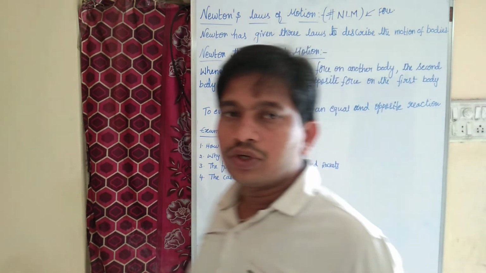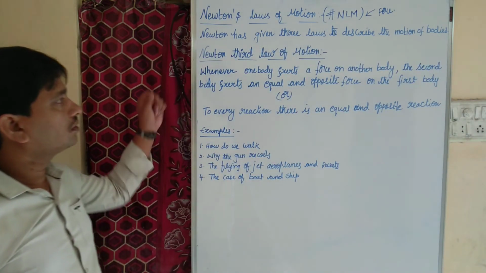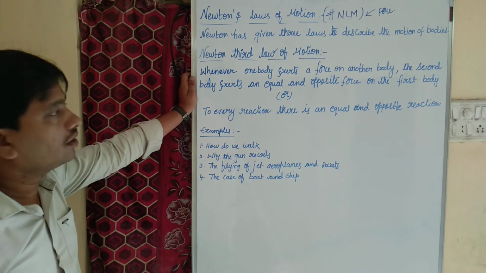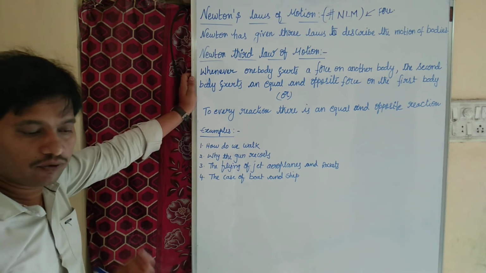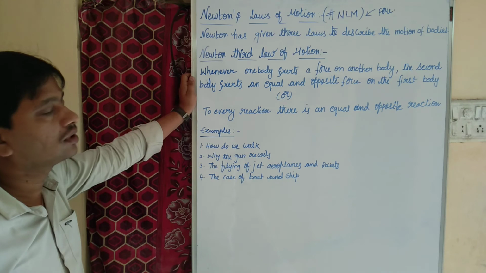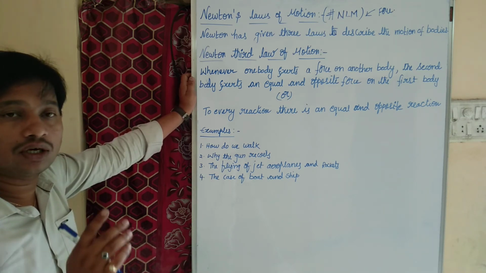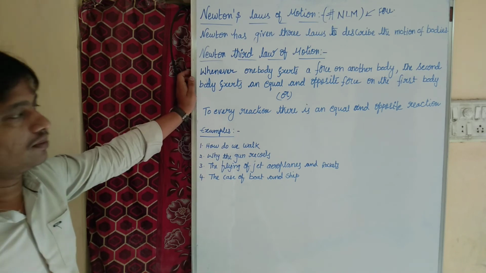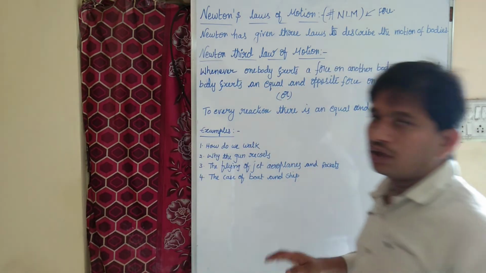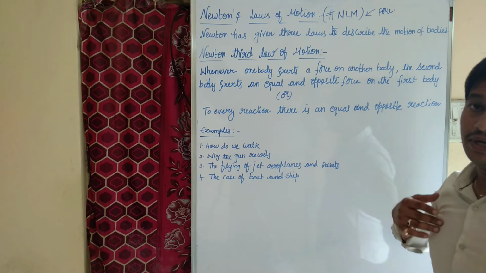Now coming to Newton's third law of motion. Whenever a body exerts a force on another body, the second body exerts an equal and opposite force on the first body. Suppose we have a blackboard as one body and the arm as another body.